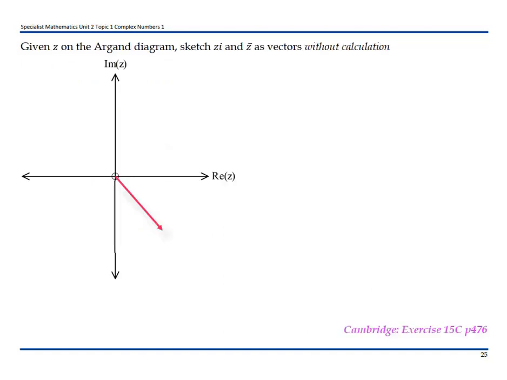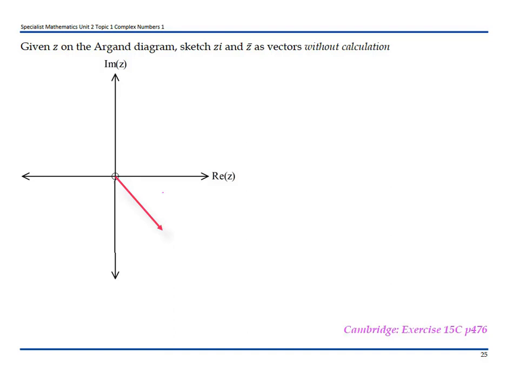So given z on the Argand diagram, sketch zi and the conjugate of z as vectors without calculation. So this is using your knowledge without actually doing any calculations. Personally, I would go for the conjugate first because that's a nice easy one.